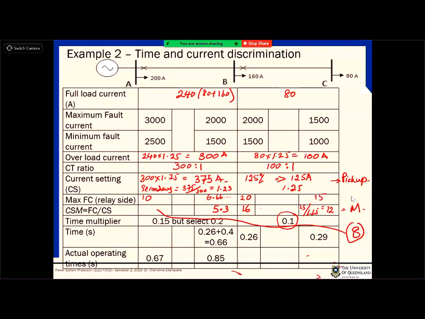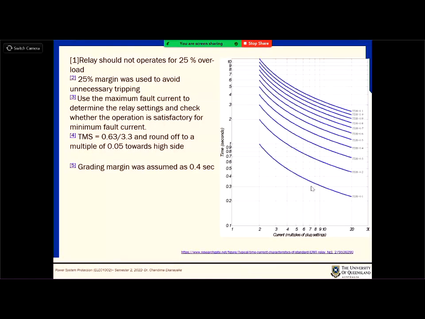If you select that, then since we know the multiplier value, M equals 12, if I go back to these characteristics, this is 10, and then the 12 should be somewhere here. Right? Okay, so then you can roughly estimate.